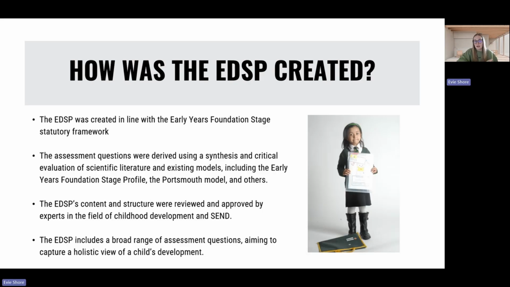The EDSP's content and structure were reviewed by experts in the field of child development and SEND, and it incorporates a broad range of assessment domains and questions to aim to capture a more holistic view of a child's development than just looking, for example, at their literacy, maths, reading skills.